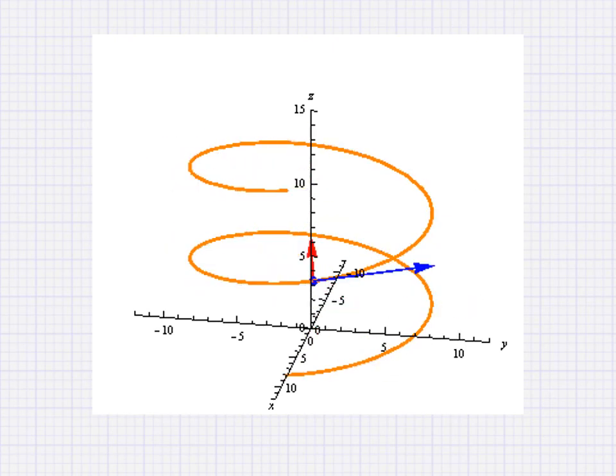And notice that the blue arrow, the blue vector, is the same magnitude this entire time, which tells me that I'm traveling at a constant speed, because the magnitude of the velocity is your speed. And then notice the acceleration in the red vector. The red vector is pointing inward the entire time. It's pointing in the direction in which I'm curving throughout this thing.